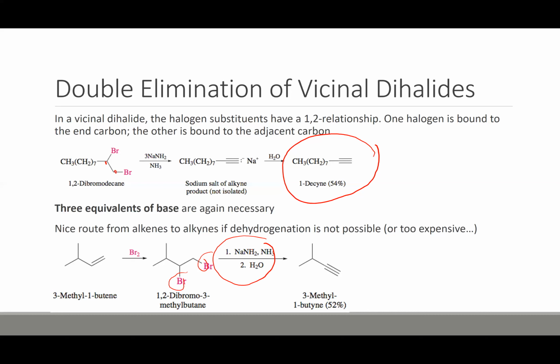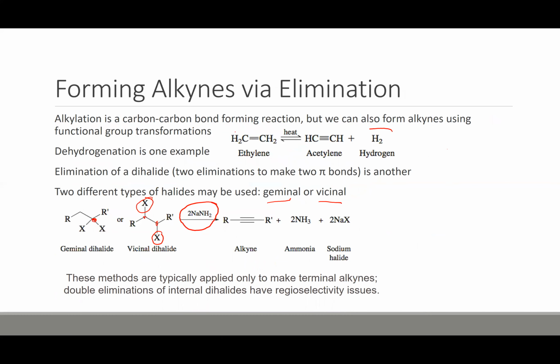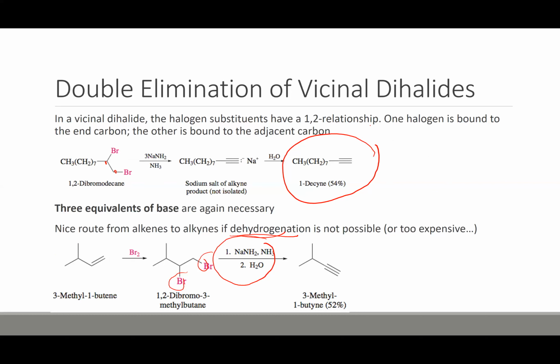So this elimination through dihalide removal is good if you don't have a dehydrogenation process and you can't use catalysts. It's very expensive to use catalysts just to remove the hydrogen. Although dehydrogenation is probably the most straightforward idea, heat and catalyst to remove the hydrogens from a double bond to just make a triple bond, another way to go from a double bond to a triple bond is by using this elimination reaction of dihalides.